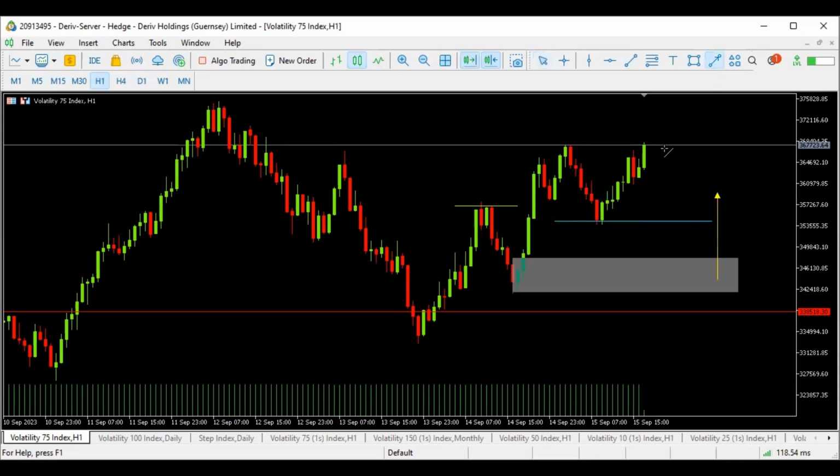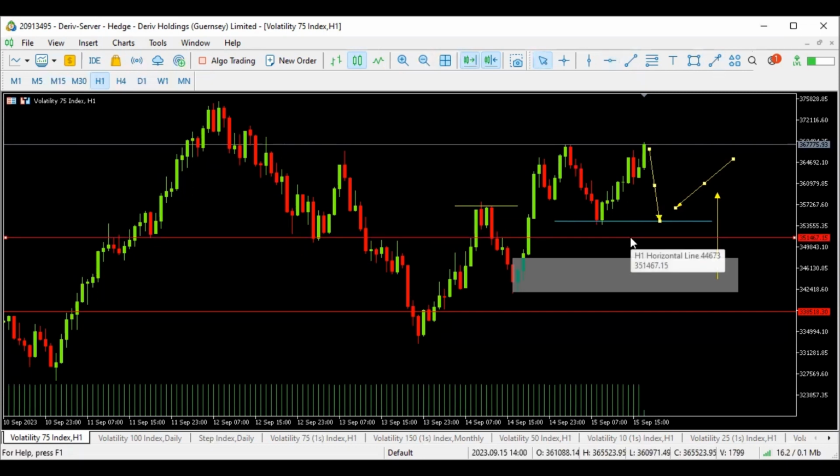if price is to turn from where it is right now and come to this level, we need to understand that people are going to buy from here, because they will term it as a support. And those people that will buy from here, their stop losses are likely to be down here. You understand? Because logically thinking, stop losses normally are just below the support zone, right?